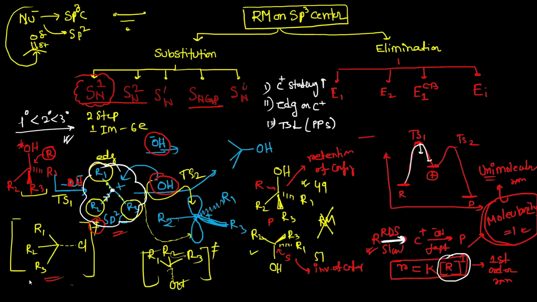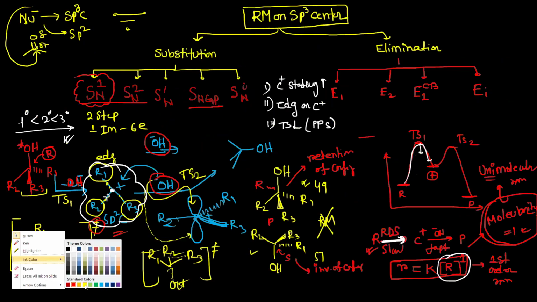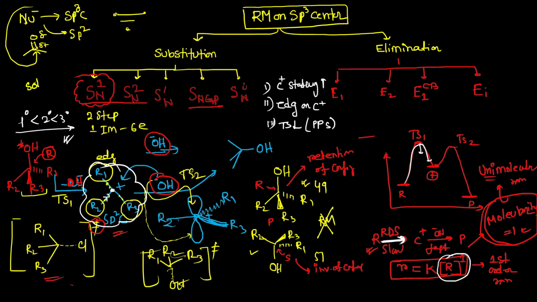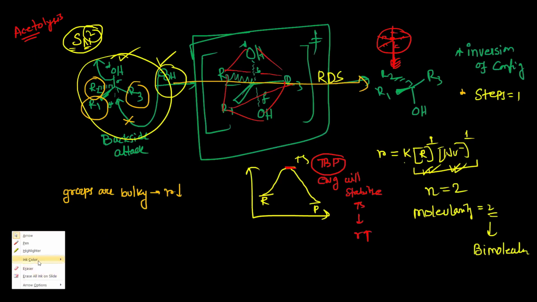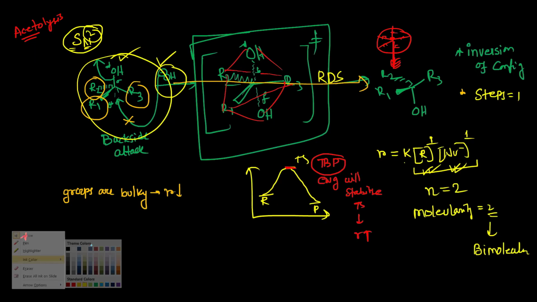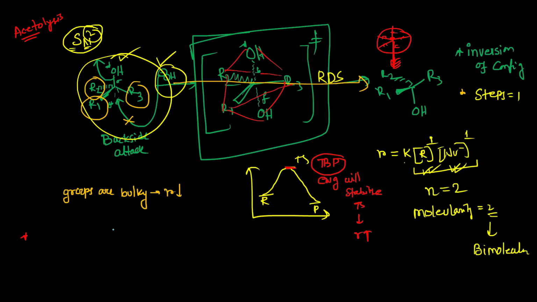Similarly, SN1 is often called solvolysis. So if the question mentions compare the rate of solvolysis reaction, then you have to compare the rate of SN1 reaction. Now, on which factors does the rate depend? As we know, the transition state is TBP, so electron withdrawing groups will stabilize it. That means for R1, R2, R3, if there are more electron withdrawing groups, then the rate will be faster.